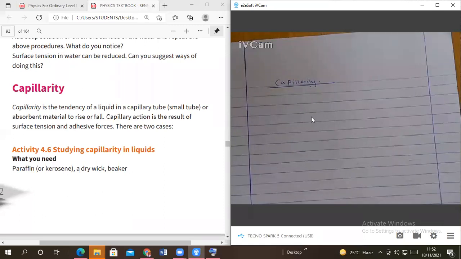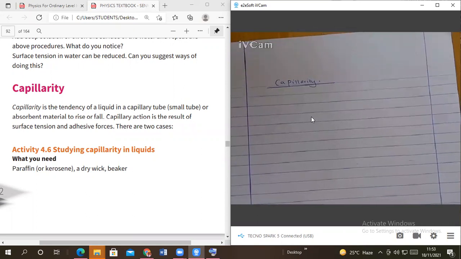So capillarity is all about the rising and falling of a liquid in a capillary tube or in an absorbent material. Absorbent material can be any material. For example, we have lamp wicks. Those lamp wicks can absorb water. So absorbent material can absorb something.